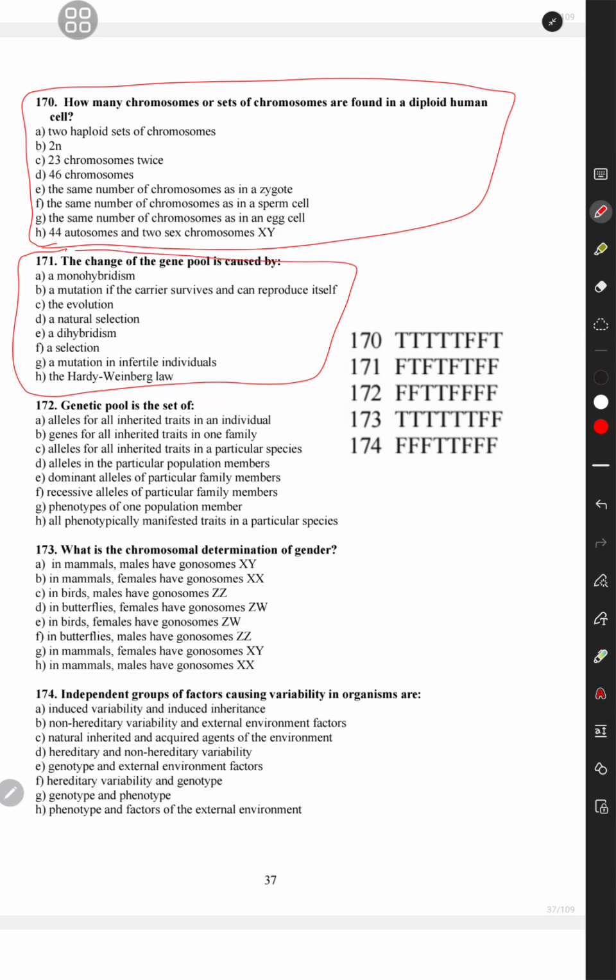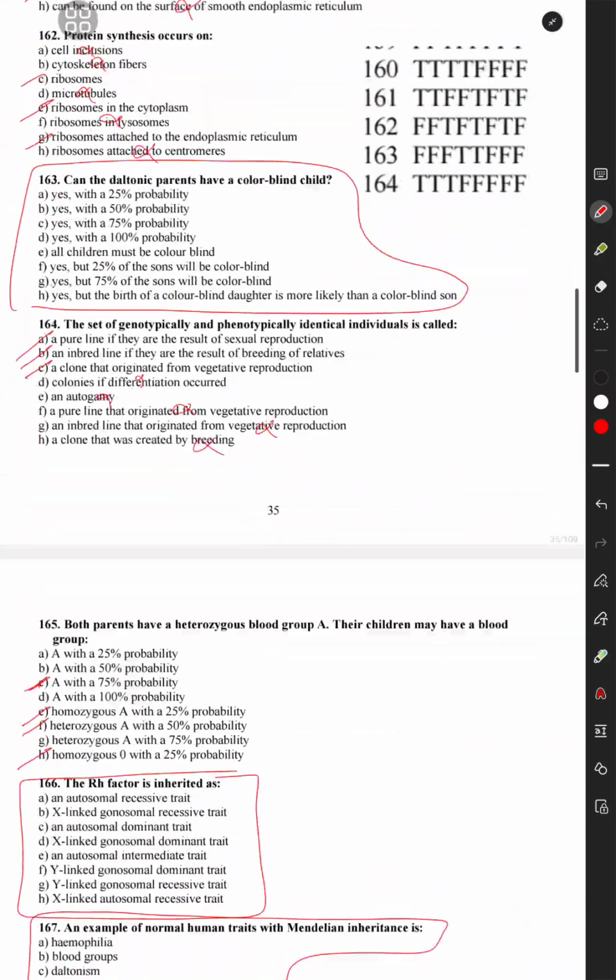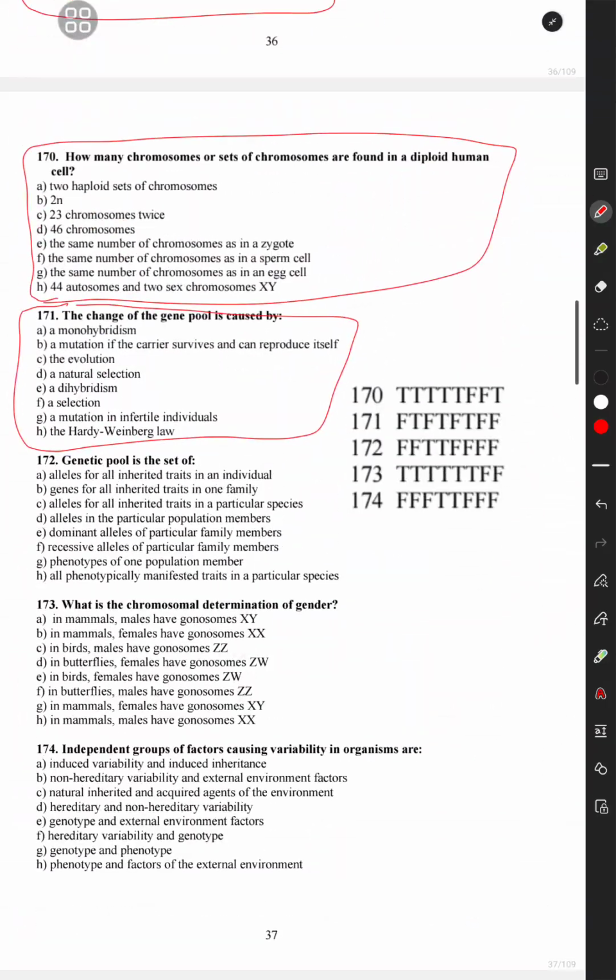Genetic pool is a set of alleles of all inherited traits in an individual. All inherited traits, one family, particular species. Alleles for all inherited traits in a particular species.